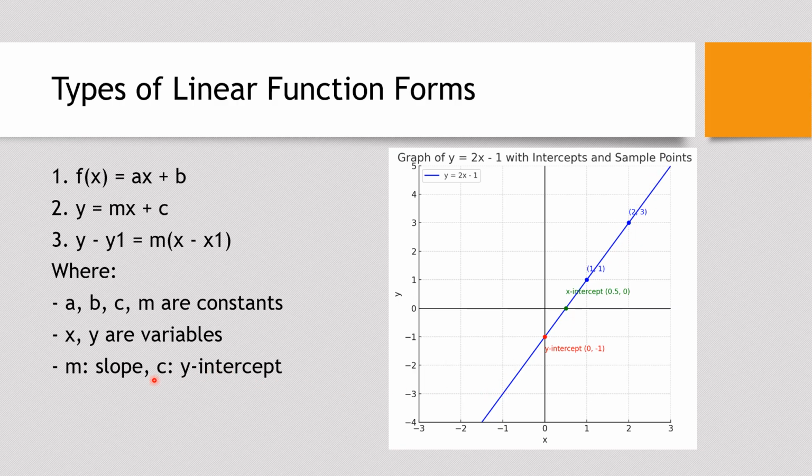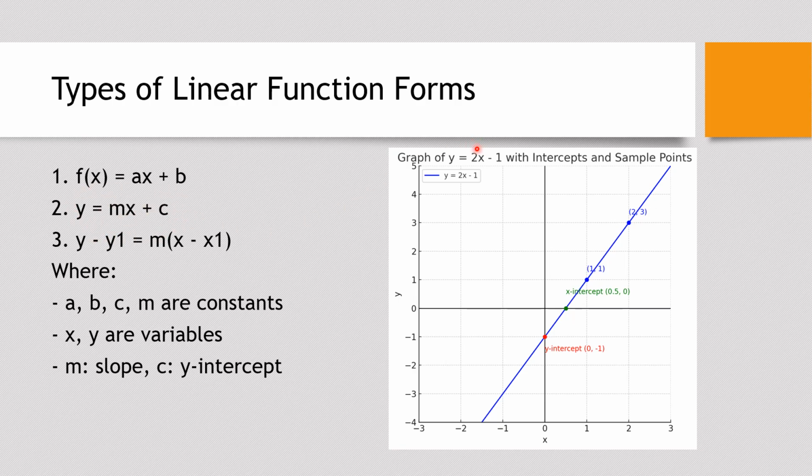So let's also look at the m here. M represents the slope, which is used to measure the steepness of the line. Good. Then the c is representing the y-intercept. So when you look at the example here, the graph of y equal to 2x minus 1, it takes the shape of y equal to mx plus c.